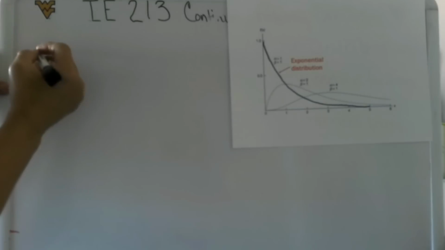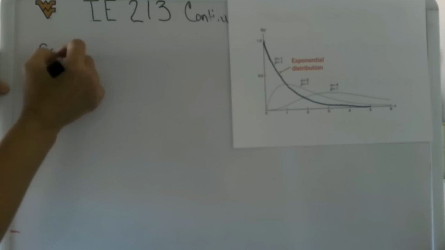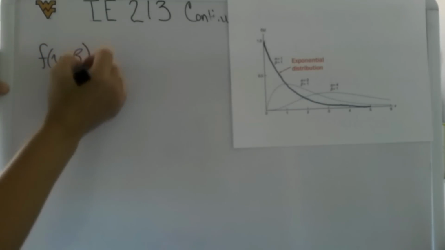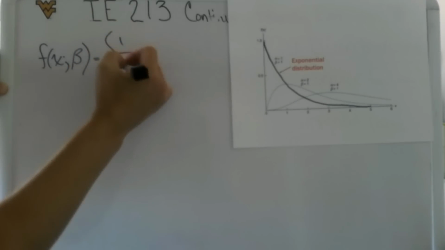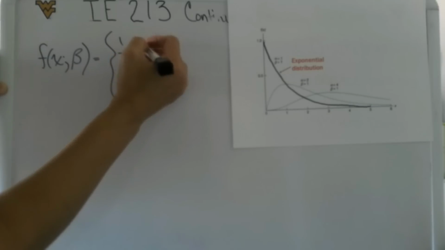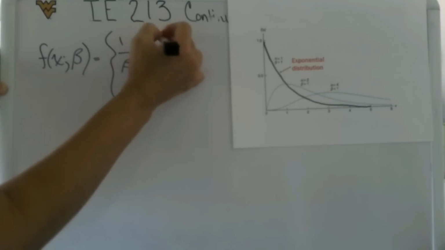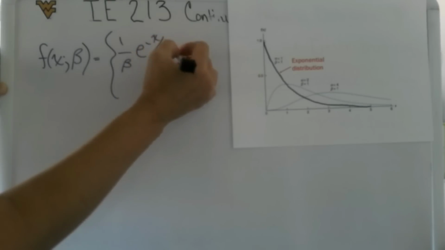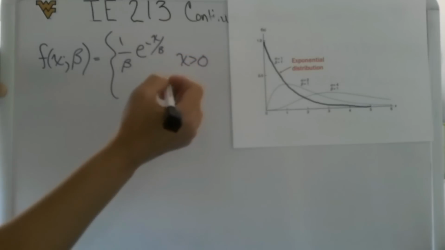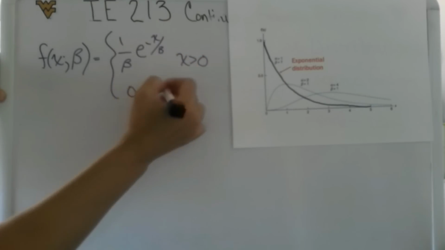The continuous random variable x has an exponential distribution with parameter beta if the density function is given by f of x with beta is equal to 1 over beta e to the minus x over beta for x greater than 0 and 0 elsewhere.